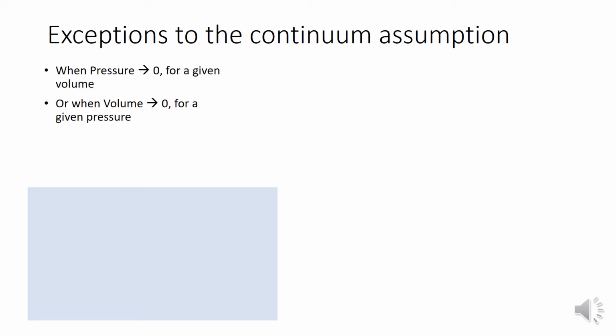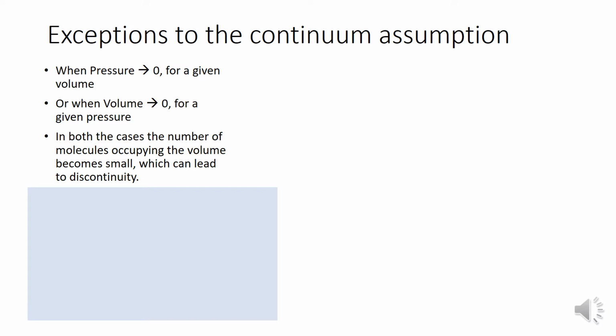We will accept the continuum assumption when pressure tends to zero for a small volume, or just the reverse. If volume tends to zero at a particular pressure, then we cannot take the continuum concept there. The properties will depend upon how individual molecules behave, so discontinuity exists.